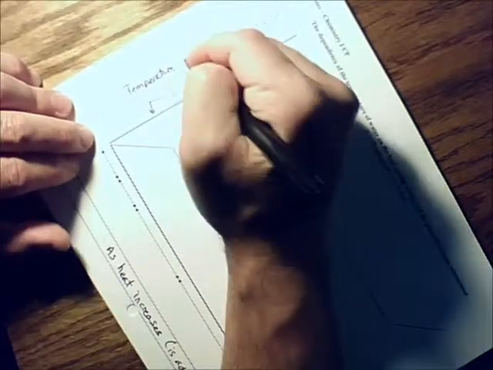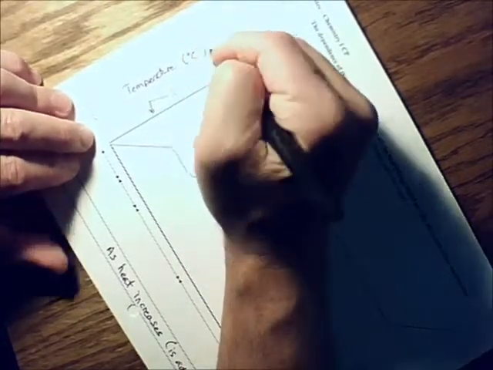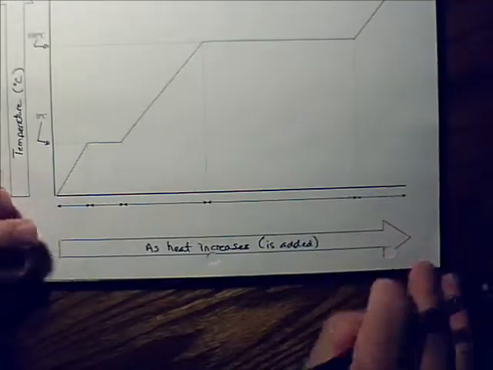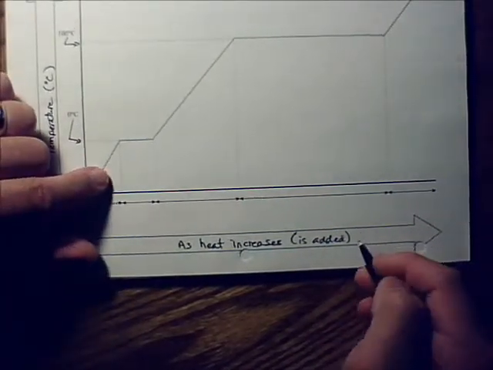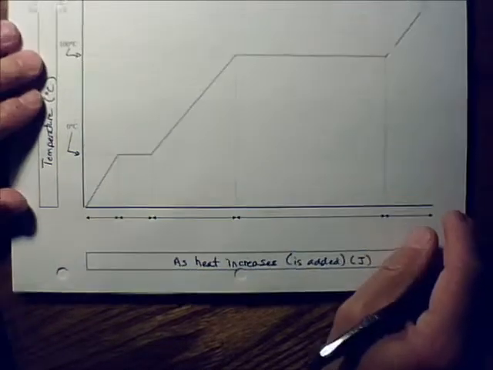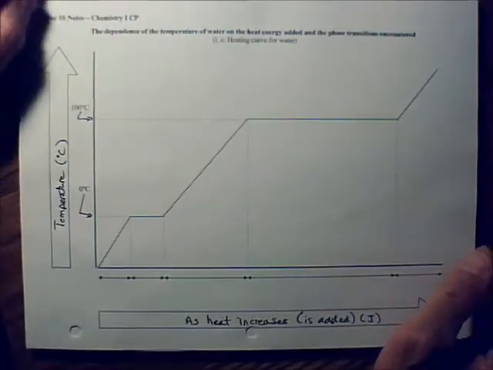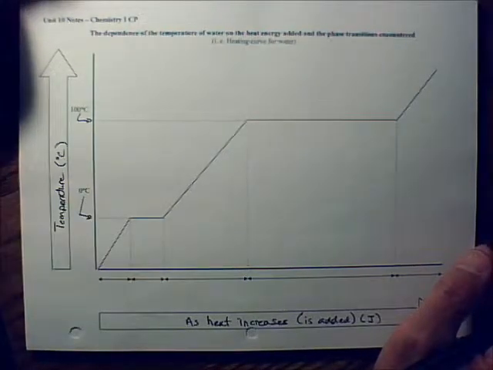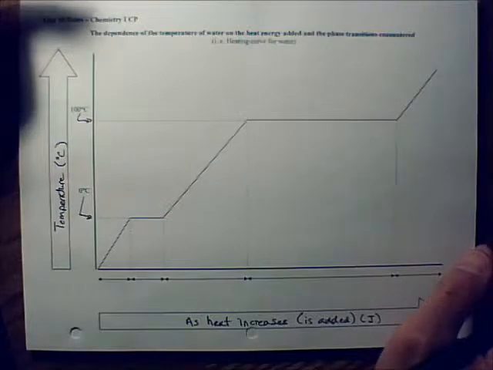And so if we were labeling this properly, we'd show what units of measurement we're going to use. Degrees C. Now since down here heat is measured in joules, we could say this is in joules. Okay? Now the amount of heat added will depend on the amount of water. We're not going to be getting that specific on this graph.